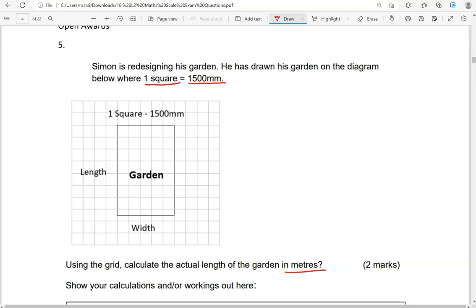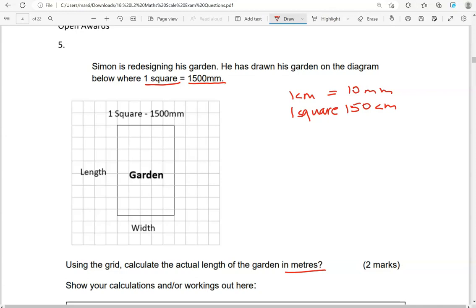Let's convert that into centimeters first. So we know that in 1 centimeter there are 10 millimeters. So if I divide 1,500 by 10, that will give me 150, knocking off a 0. So 1 square is equal to 150 centimeters.